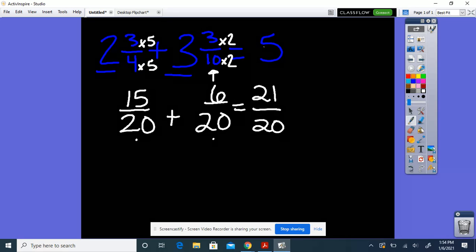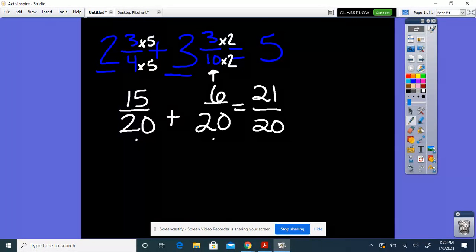We know that this is an improper fraction because the larger number is on top. There's a bigger number as the numerator than the denominator. Last week we talked about turning an improper fraction into a mixed number, so we're going to have to do that for this problem.